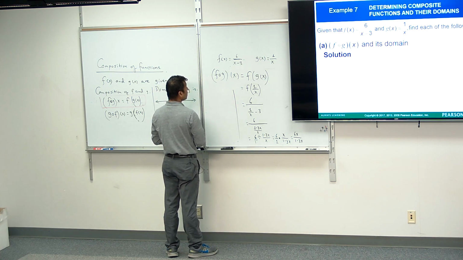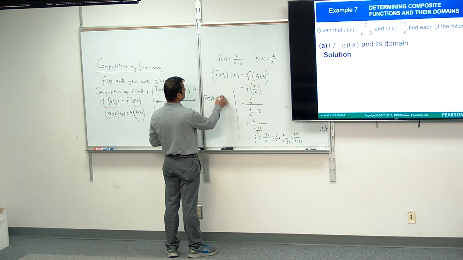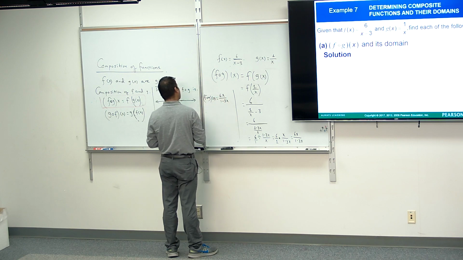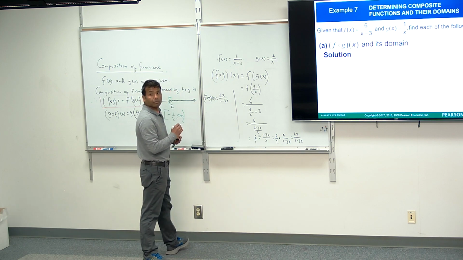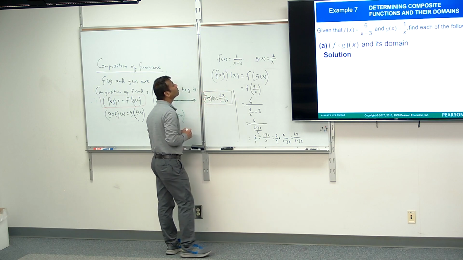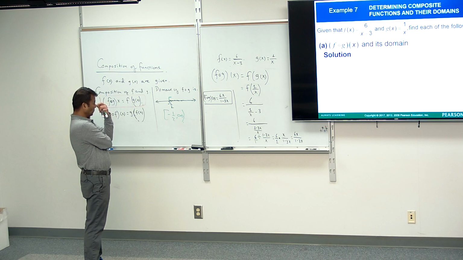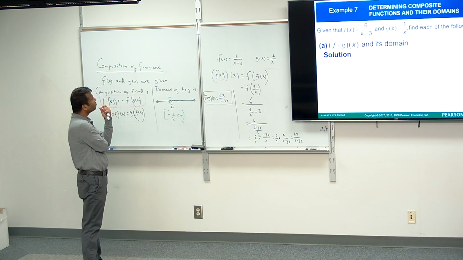So now f of x is equal to 6x over 1 minus 3x. Okay?